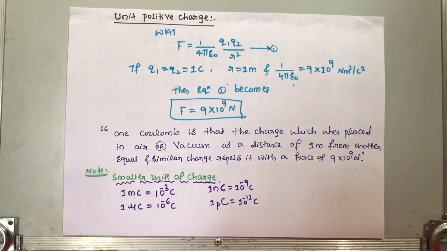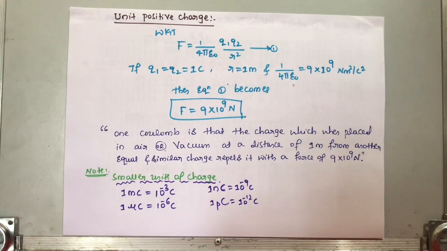The definition of coulomb: 1 coulomb is the charge which, when placed in air or vacuum at a distance of 1 meter from another equal and similar charge, repels it with a force of 9 into 10 to the power of 9 Newton.